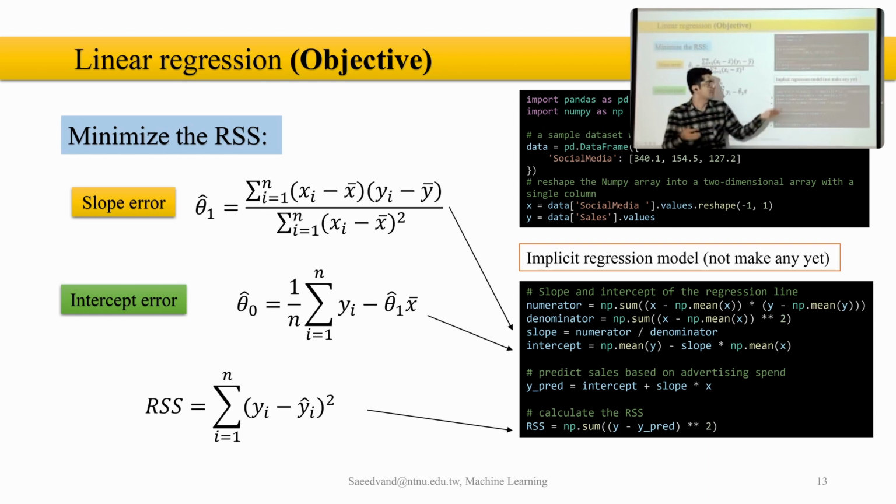We didn't train to find the best parameters, whatever comes here. Then finally we calculate the RSS, the residual square error, that is the sum of the y, the label data, minus the y prediction, to the power of 2. That exactly determines this equation. It is the exact implementation of what we discussed so far.